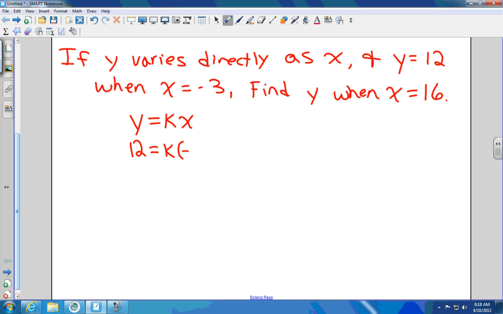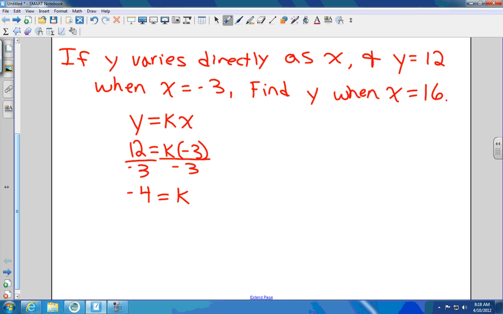So 12 equals k times -3. So how would we solve for k then? Divide by -3. So what is k? K equals -4. And again, that's the constant of variation. That's always going to be -4 for this problem.